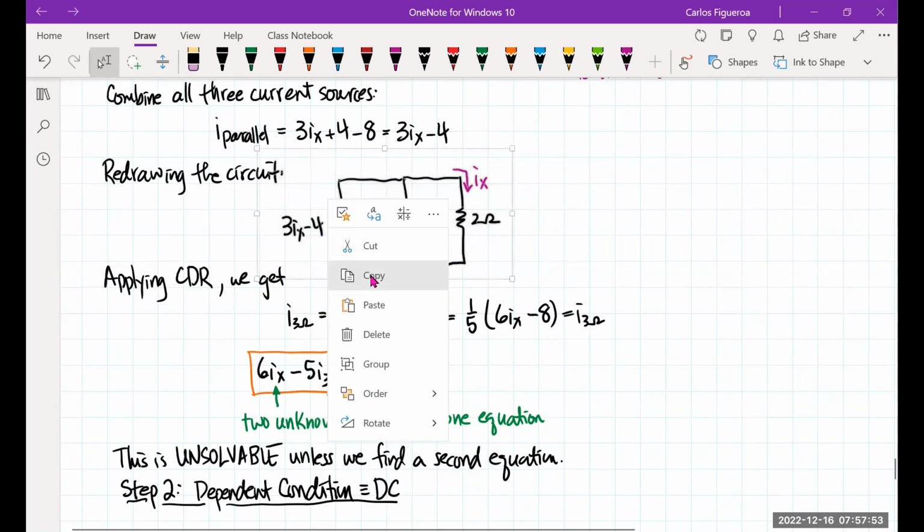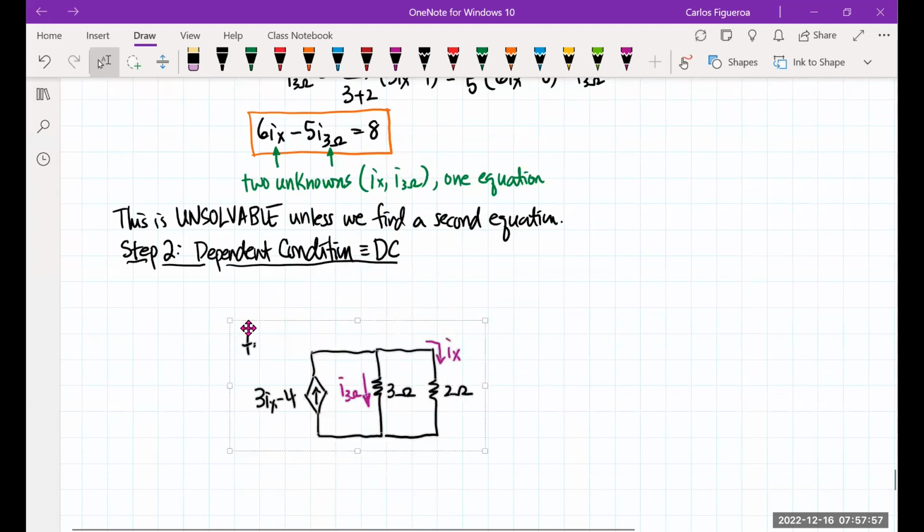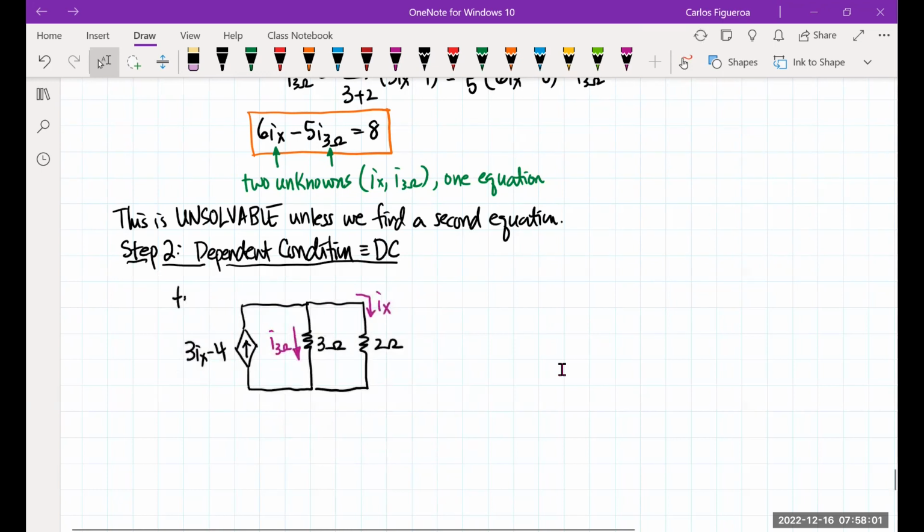It's not the original one anymore, it's this one. I'm going to focus on the controlling element.